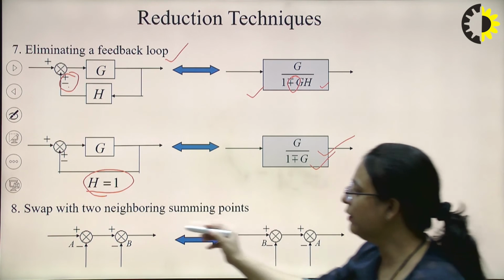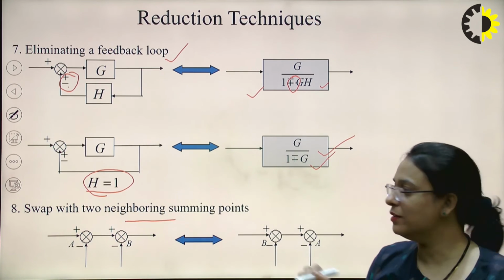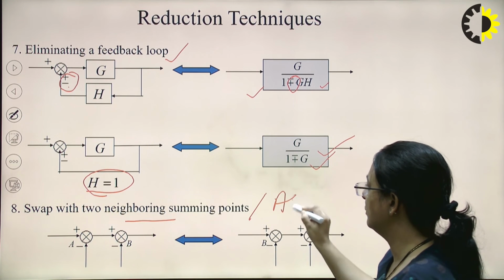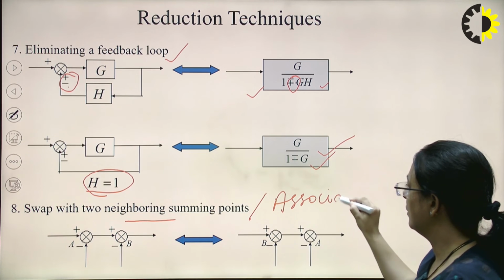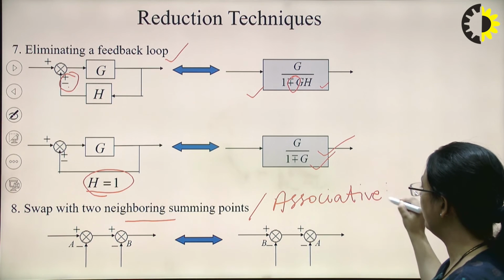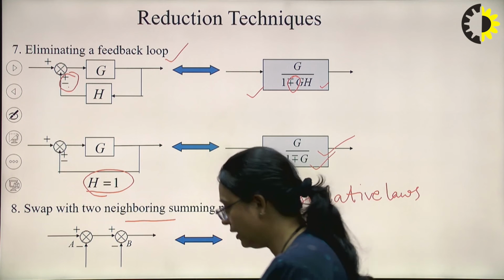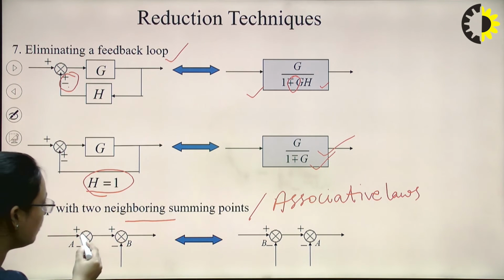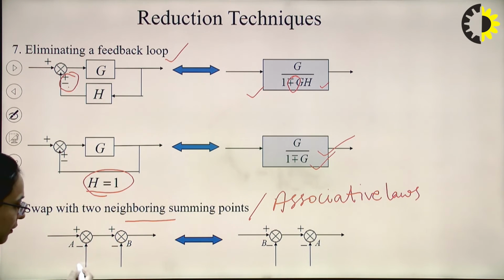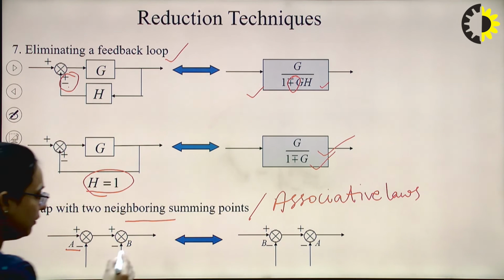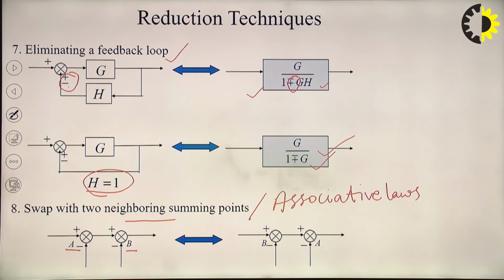Now, swapping the two neighboring summing points, that means the associative law. This associative law holds good for block diagram representation. You can see here we have these two summing points. One has the input minus a and another has the input minus b.